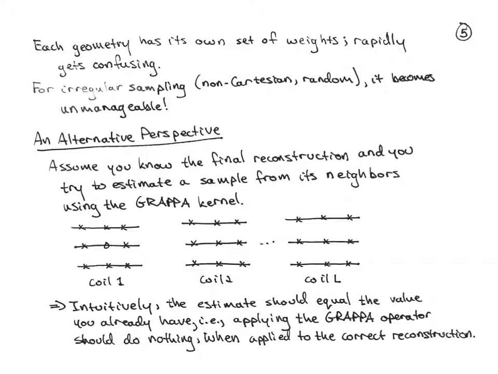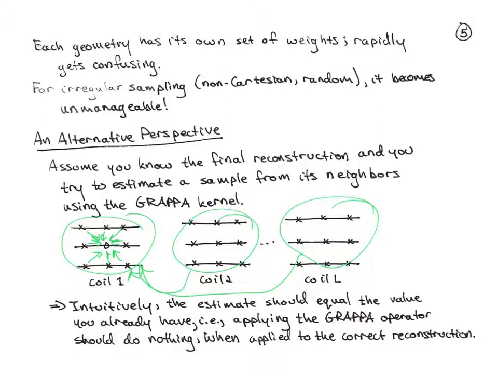So we have all the neighbors here, and we're trying to estimate this one point, synthesized from coil 1, coil 2, up to coil L. Intuitively, this estimate should equal the value that you already have at that point.